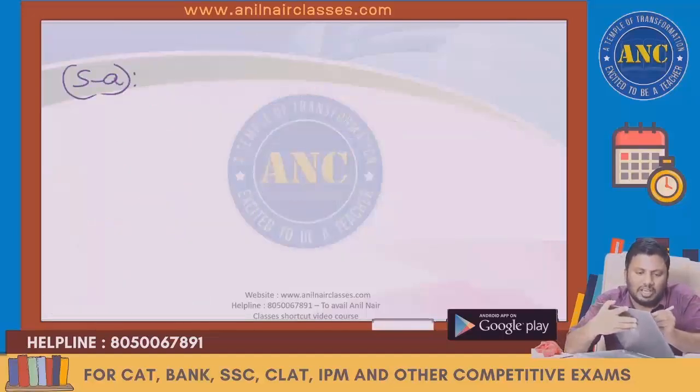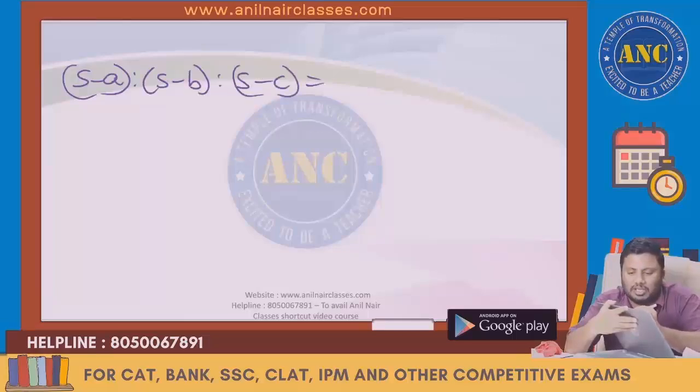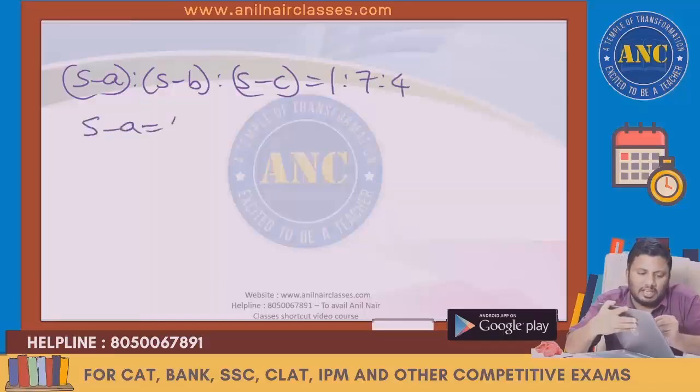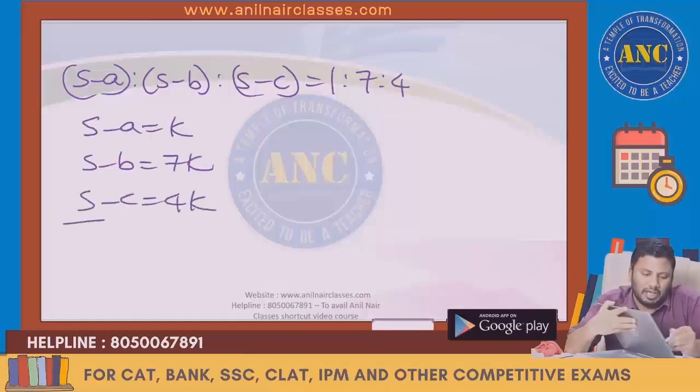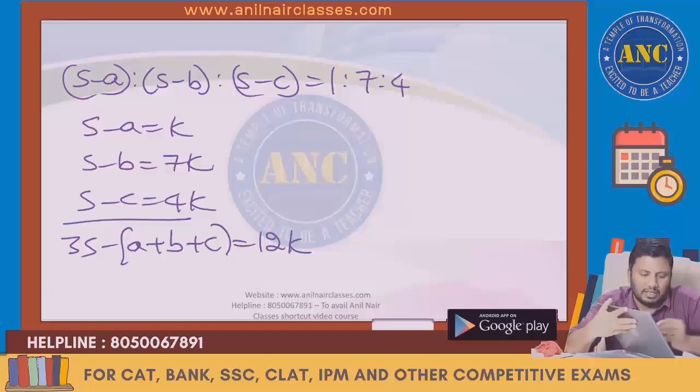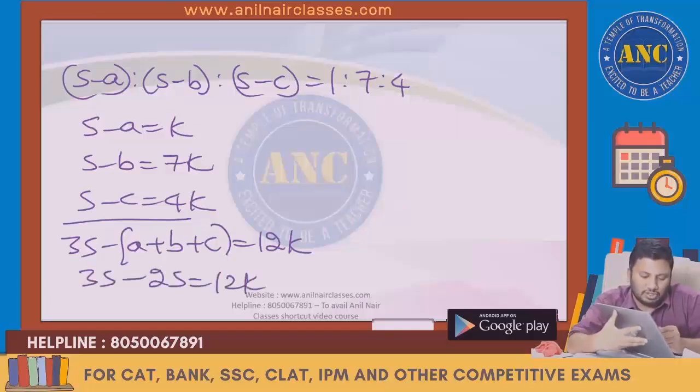S minus A is to, I am repeating the first method for you. S minus C is 1 is to 7 is to 4. So S minus A is K. S minus B is 7K. S minus C is 4K. If I add it, 3S minus of A plus B plus C is 12K. 3S minus 2S is 12K. So S will become 12K.